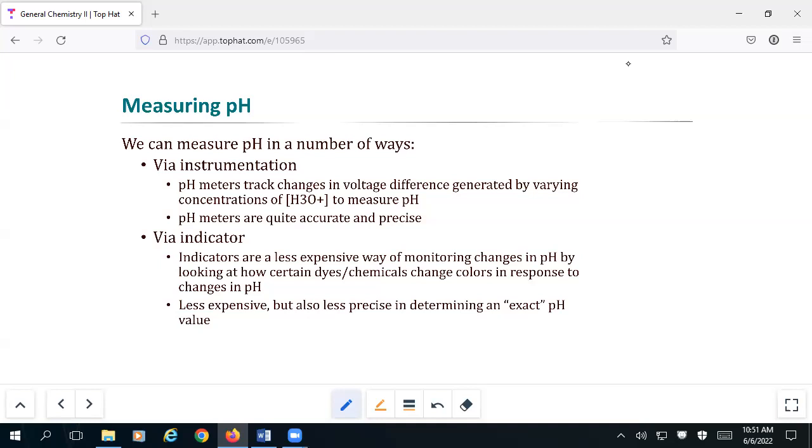Now, the other way that we can measure pH, the way that we have measured pH thus far throughout all of our classes, has been with indicators. Indicators would include things like litmus paper, test strips, pH paper, as well as chemical agents like phenolphthalein or other kinds of dyes, including the alizarin yellow R dye that we used in the Le Chatelier lab last week.